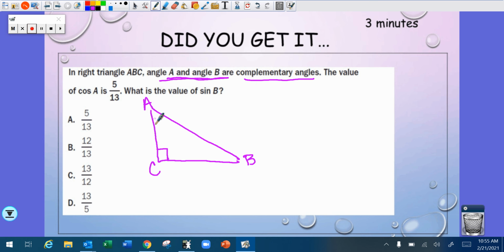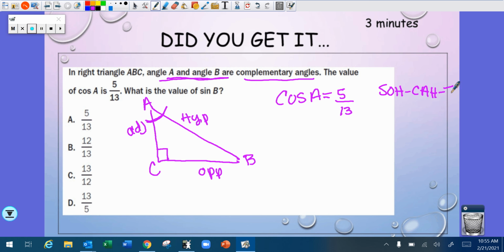And it told me cosine of A, that means this is my HYP, this is the adjacent, and this is the opposite. And if it's telling me I have cosine of A equals 5 over 13, if you write Sohcahtoa out, then we know cosine of theta equals adjacent over the HYP.